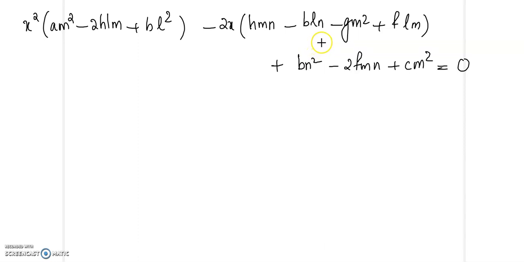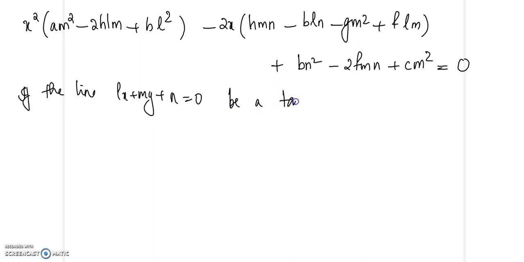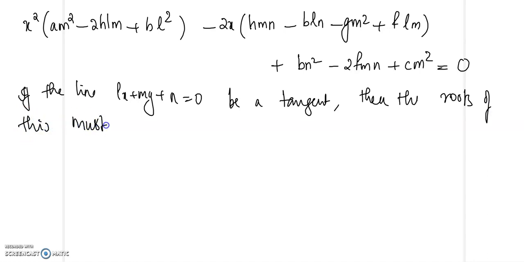This happens when the discriminant is equal to 0, so b square minus 4ac must be equal to 0. Let us find the condition using that. So if the line lx plus my plus n equal to 0 is a tangent, then the roots of this equation must be equal.